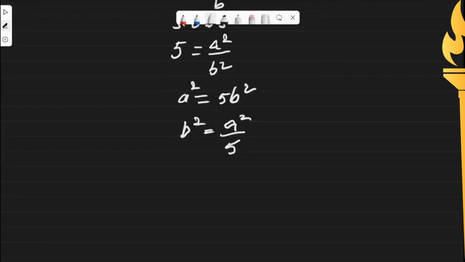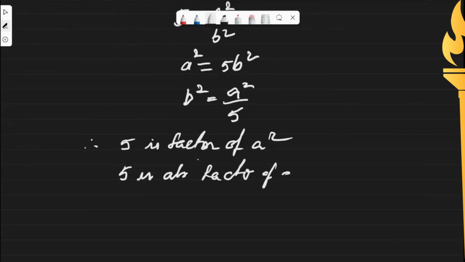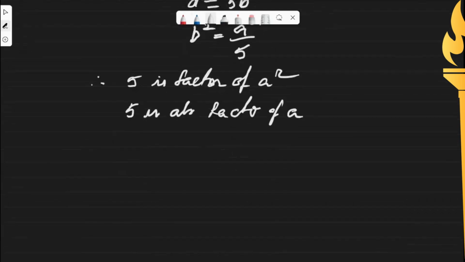Here, a square can be divided by 5 and we get an integer. Therefore, 5 is a factor of a square. Since 5 is a factor of a square, 5 is also a factor of a. Since 5 is a factor of a, let a equal 5c.